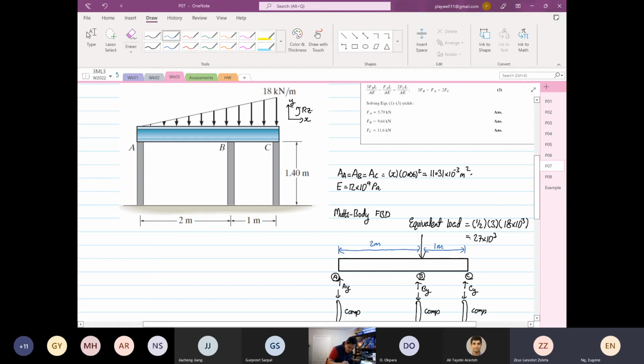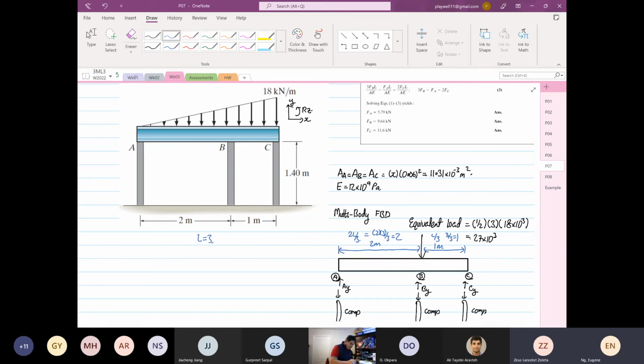Now, how do we get it? We know that this is 2L over 3, and this is L over 3. And the entire length is what? L. So the length is 3. So 2 times 3 divided by 3 is equal to 2, and this one is 3 divided by 3 equal to 1, because L is equal to 3.